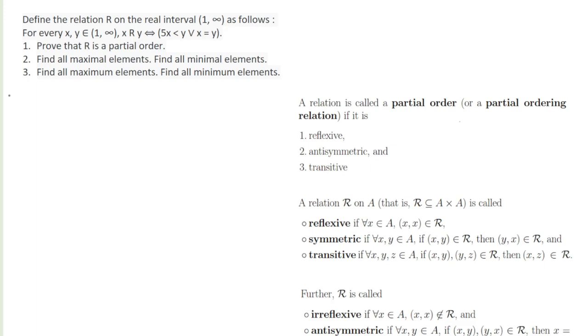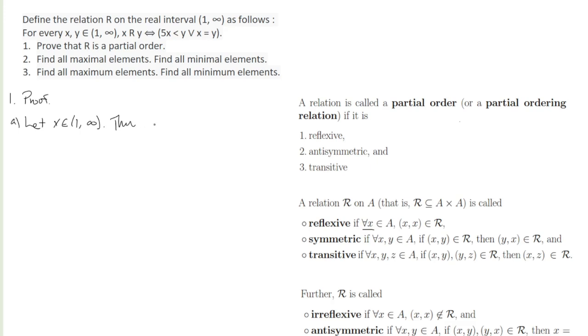So this is number 1, proof. And so I'm going to show reflexivity first. To show reflexivity, again, the definition here is for every x in A. So first thing, let x be in A. What's my set A here? I won't write A because we didn't call it A. Let x be in my set, which is the open interval, 1 to infinity.